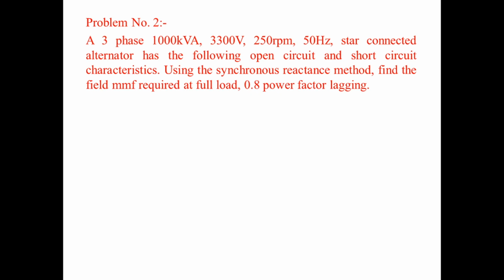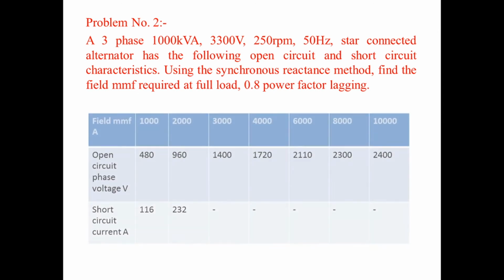Let us solve another problem. Problem number 2. A three-phase 1000 kVA, 3300 volt, 250 RPM, 50 Hz star-connected alternator has the following open circuit and short circuit characteristics. Using the synchronous reactance method, find the field MMF required at full load with 0.8 power factor lagging.